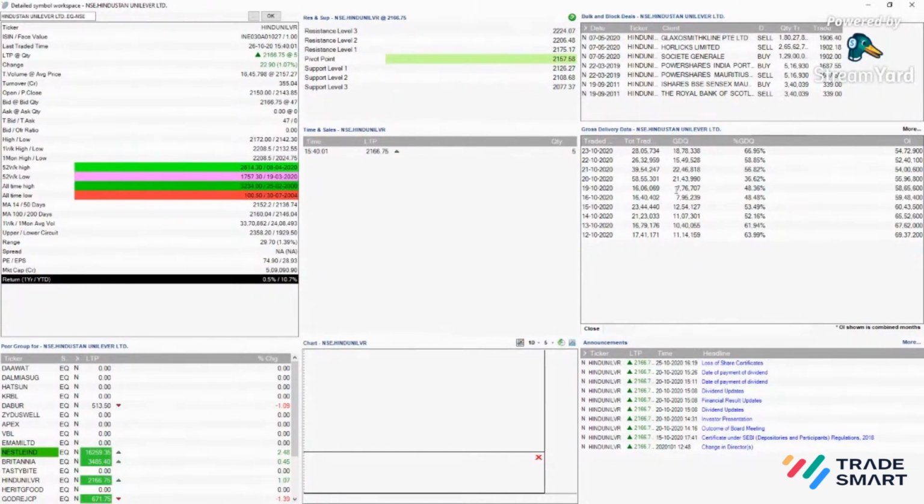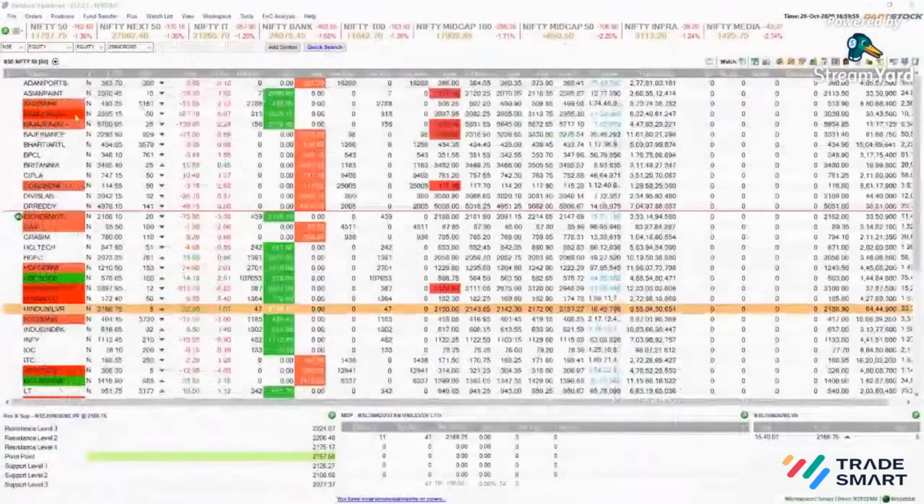If you see any major change in the quantities or open interest, you can pick it up. Of course, any news, feeds or announcements on the exchanges related to Hindustan Unilever are also presented here. I hope this has given you a fair idea of the convenience aspect.